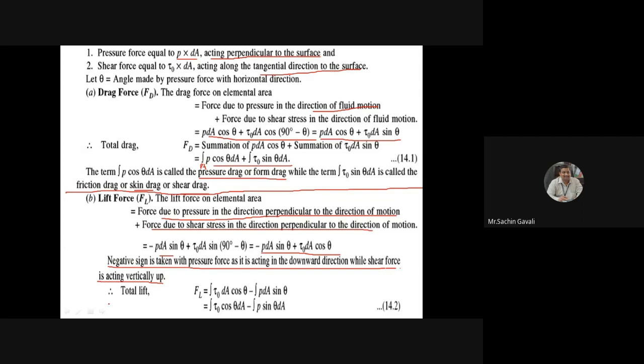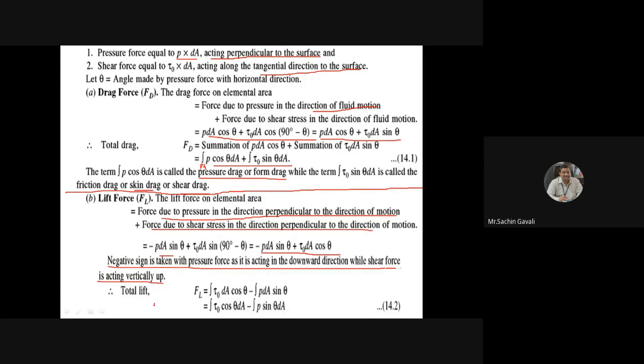Therefore, for the total lift, with the integration of this, FL is equal to the integration of tau naught dA cos theta minus the integration of P dA sin theta. Rearranging the terms, it is tau naught cos theta minus P sin theta, times dA.